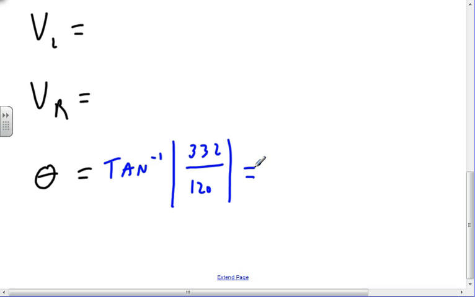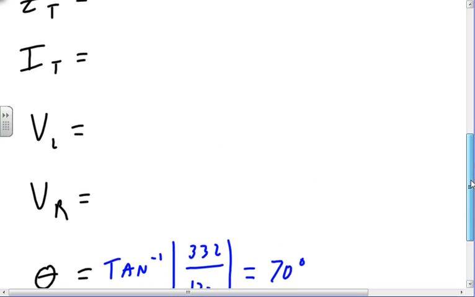That's 70.1 degrees. We don't have that many significant digits, so 70 degrees.